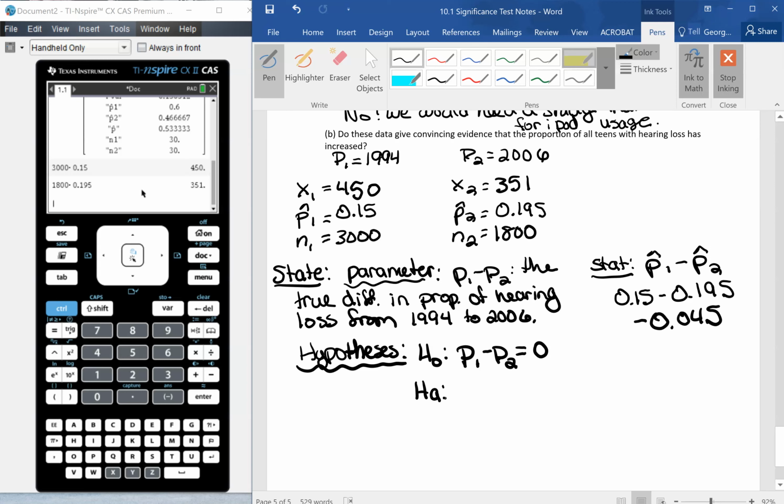Looking at letter B, the question asks, do these data give convincing evidence that the proportion of all teens with hearing loss has increased? If it increased over that time, that means P2 would have to be larger. So if we did P1 minus P2, and P2 was bigger than P1, we would have a negative number. So that would be less than 0. And the last thing we have to do is our significance level. They don't specify, so we're going to assume our alpha is 0.05.